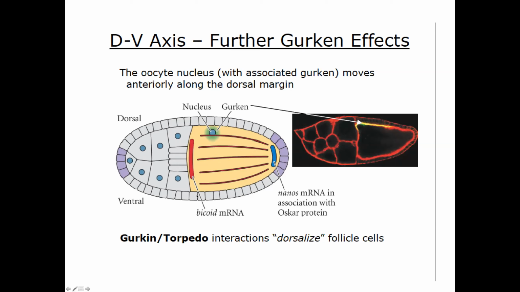the dorsal and the ventral fate of the egg is going to be established through the follicular cells.